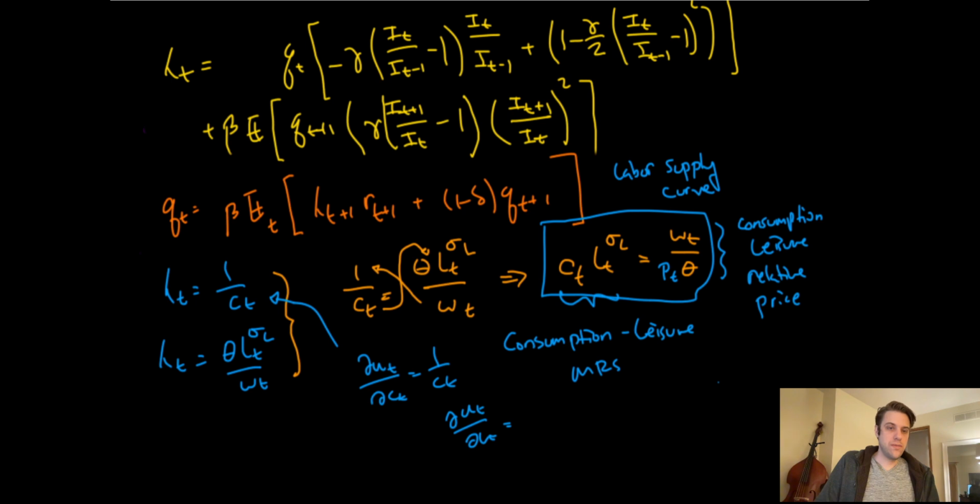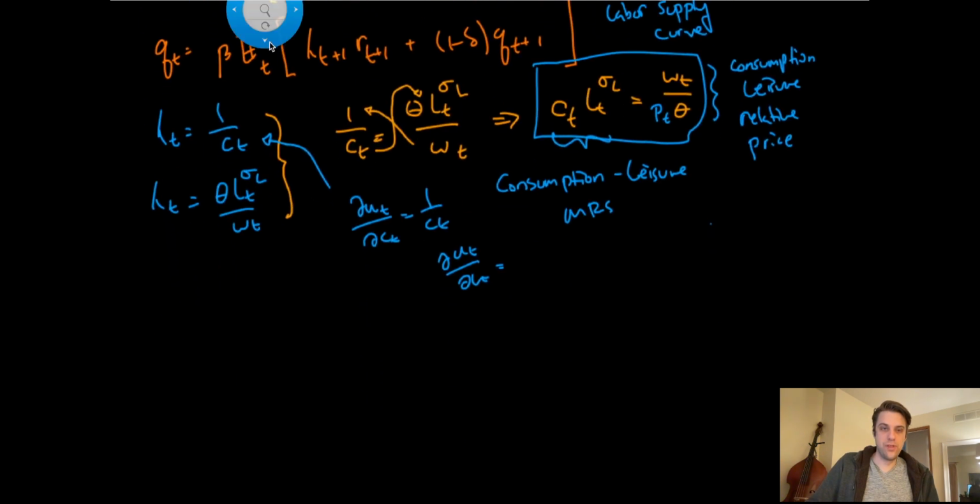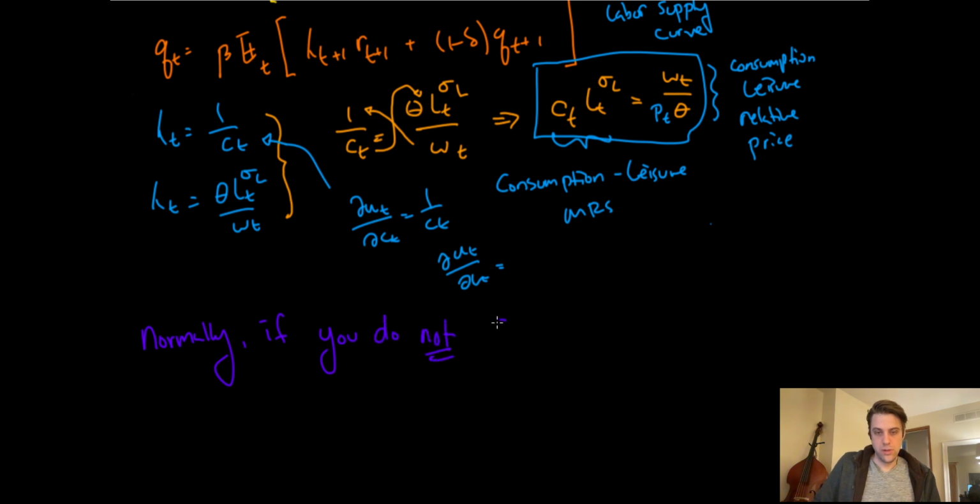And an important fact that we need to know is that the standard solution in the standard problem, when you do not substitute IT in the optimization, you will find that QT equals lambda t.